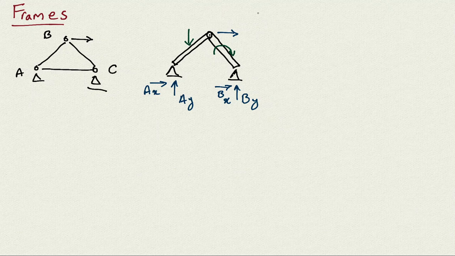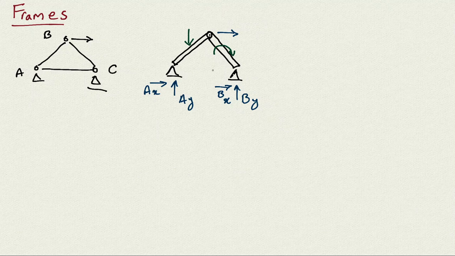So it's a combination of forces applied on the frame. Because of that, the elements might or might not be two-force members, unlike the truss. So now we need to do a little bit more analysis.